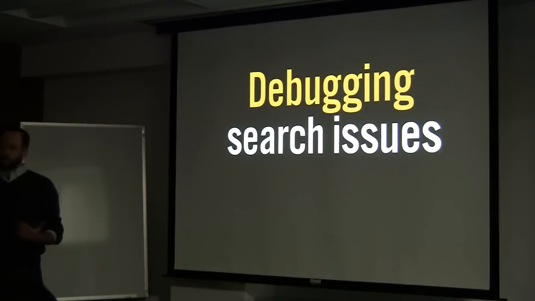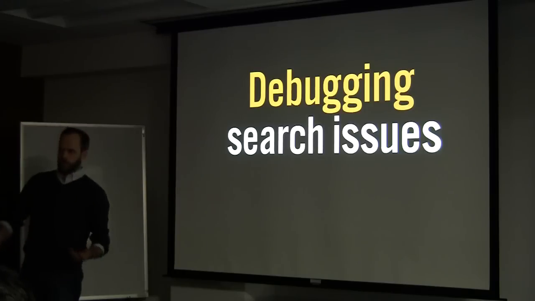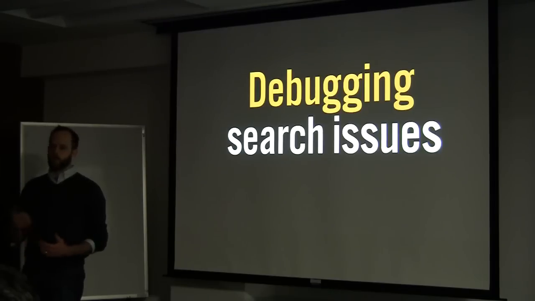When it comes to debugging search issues, one of the friends you will find is the Django debug toolbar plugin for Haystack. If you're not using Django debug toolbar, you should. It's exceptionally handy, and it gives you some feedback about what's going on in your templates and your queries.